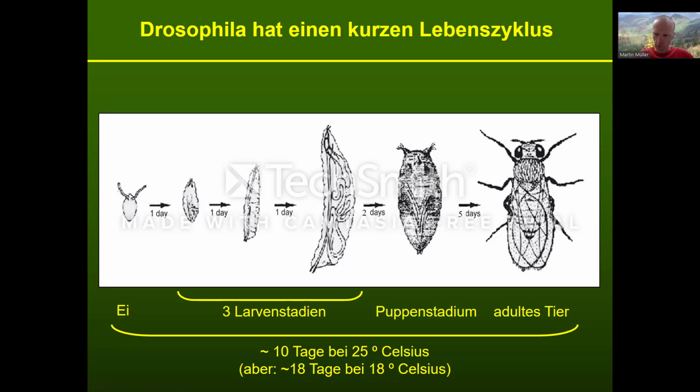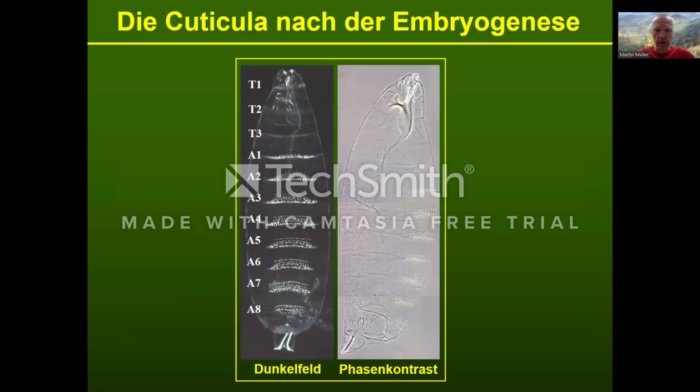So let's go on. This is how the embryo looks at the end of embryogenesis when it has turned into a little larva. This is a dark field image. Here is the head, here is the tail. This is the end of the trachea through which the larva respirates.